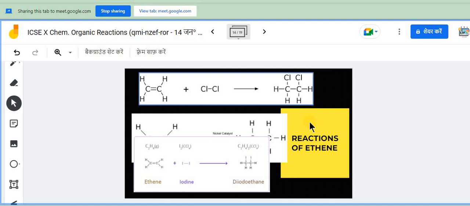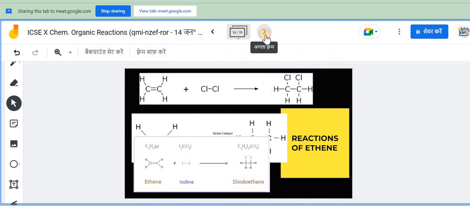No. So this is the test basically. This reaction with bromine is known as the bromine water test. It is used to distinguish between ethane and ethene or ethane and ethyne. Saturated and unsaturated compounds can be distinguished by using the bromine solution, right?